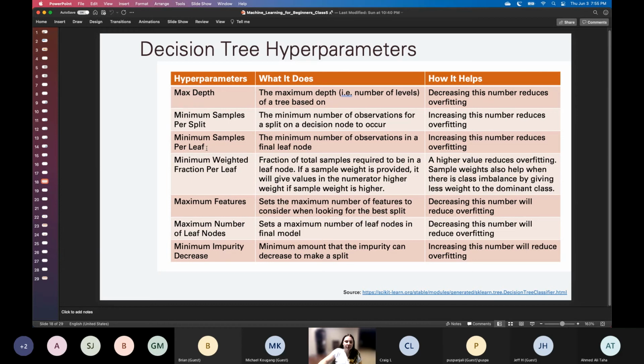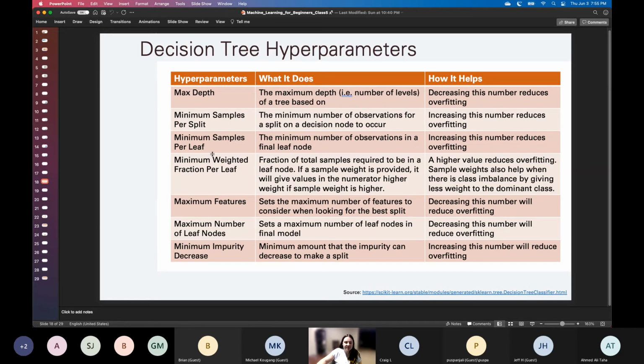So minimum samples per leaf is the minimum number of observations in a final leaf node. So for those final terminal leaf nodes, we can't have below a certain value. So it can't go down to say 1 observation per node.